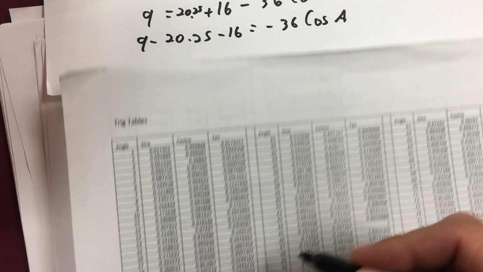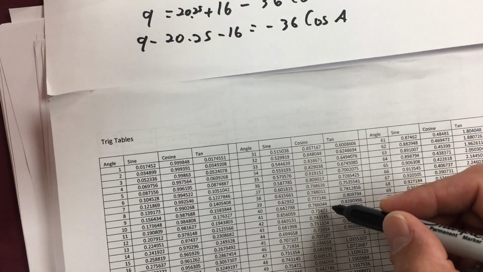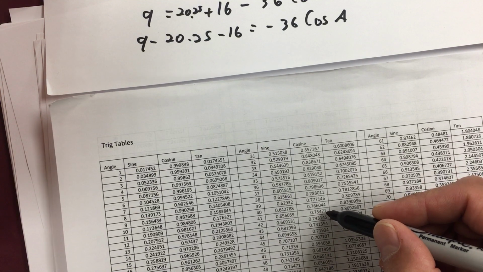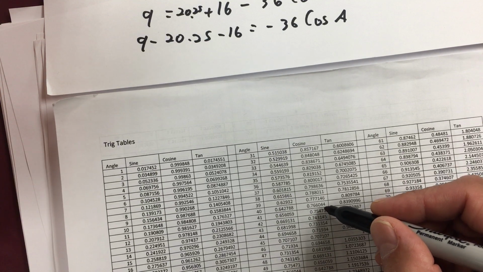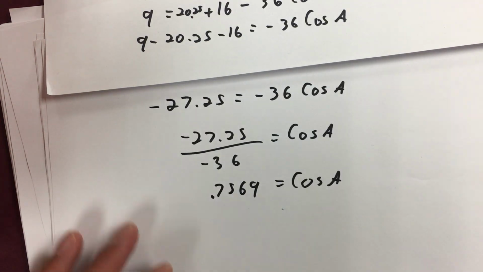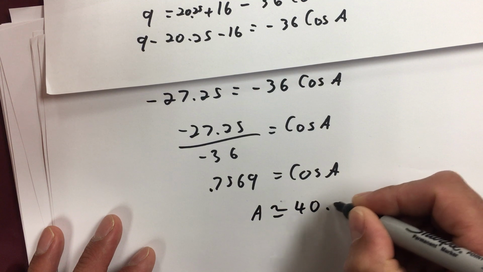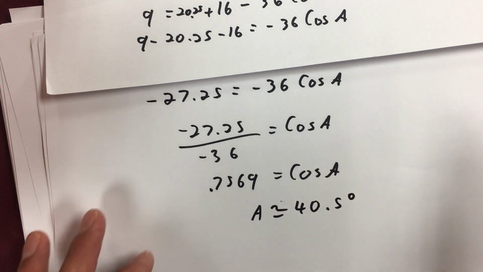I'm now going to use my table and say if the cosine is 0.7569, my angle must be between 40 and 41. So I'm going to say my angle is about 40.5 degrees.